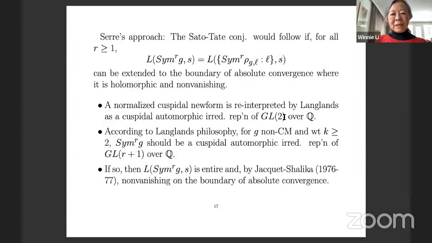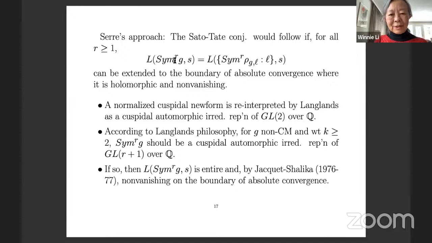Serre has proposed the following approach to prove the Sato-Tate conjecture. He proved that the Sato-Tate conjecture would follow if we show that the L-functions associated to all the symmetric powers of this new form, which were originally defined in terms of the Euler product and so have a natural boundary of absolute convergence, to the right of that vertical line, can be extended to functions which are holomorphic and non-vanishing on the boundary of absolute convergence.